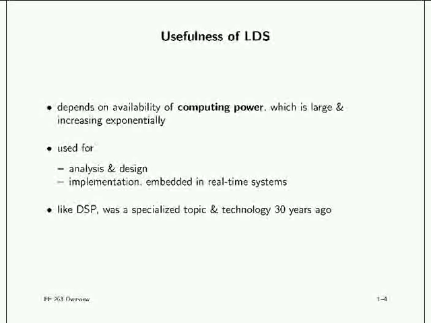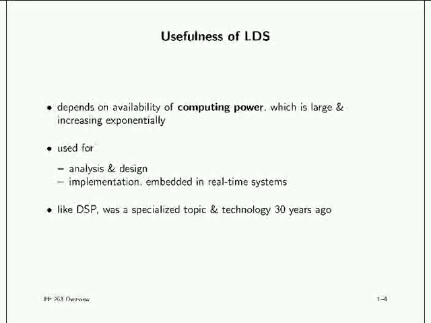Now, the usefulness of this, of course, depends on the availability of computing power, which is now very, very large and increasing exponentially. There are many people using that word incorrectly, but here it's absolutely correct. It's just Moore's law. This is one of the things you can do with these: it absolutely requires large computing power.